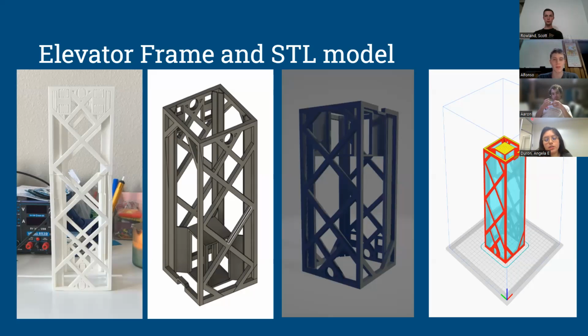To the right of that is just the same STL file within the 3D viewer model to show what it will look like in real life. And on the far right is the slice within the Cura software for 3D printing. And on the far left goes back to the official prototype that is utilized for the elevator.